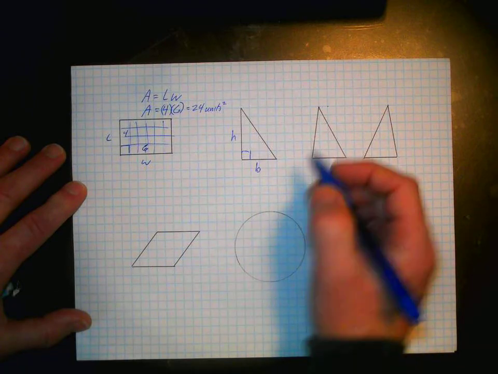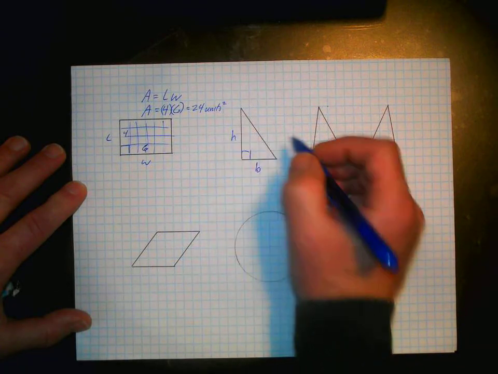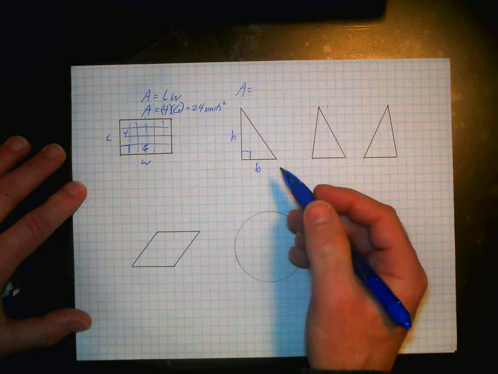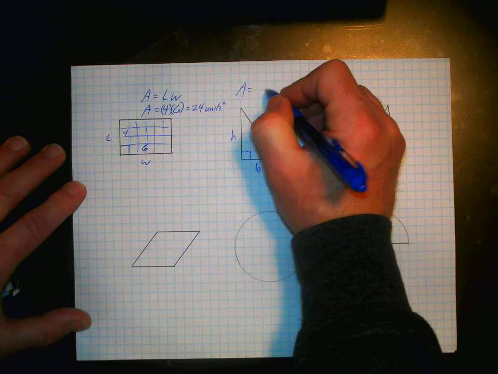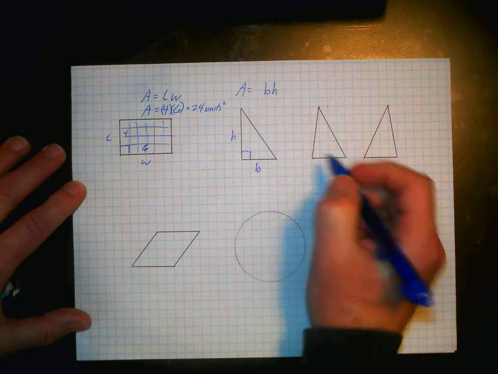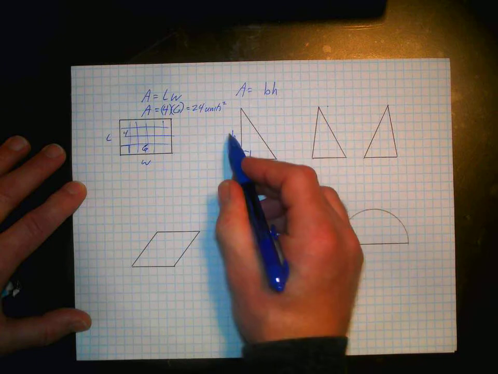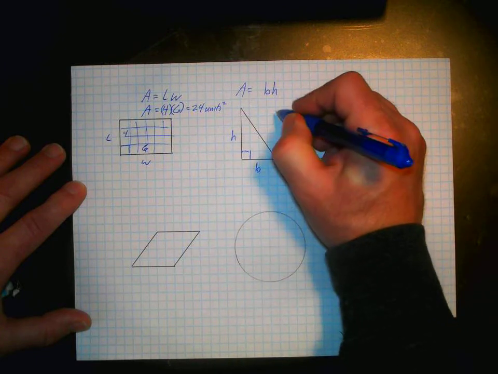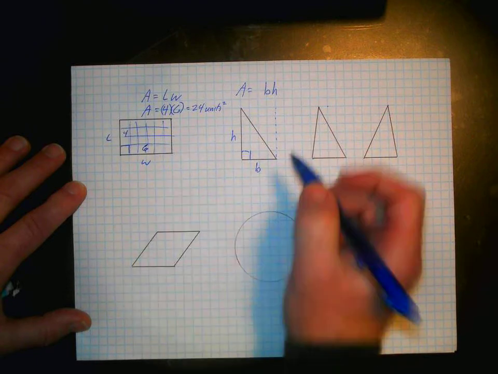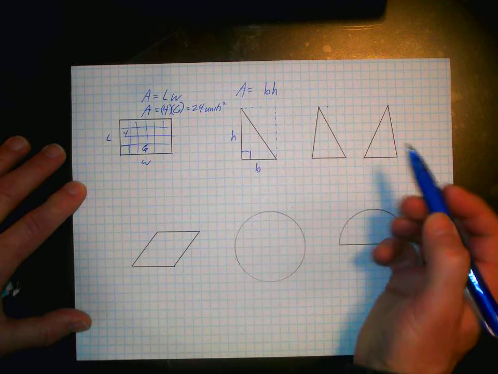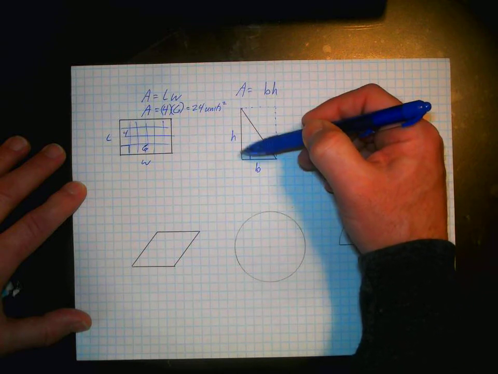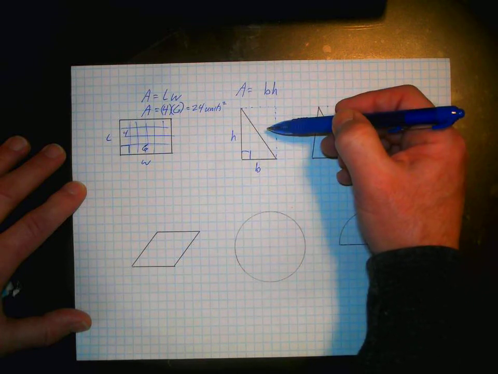And it turns out that if we look at the area of a triangle, we're going to use base times height first. This was base times height. It would actually make a rectangle just like it did over here. It would make a rectangle, and this here would be 4 and the height would be 6, and 4 times 6 is 24 just like it was over here.